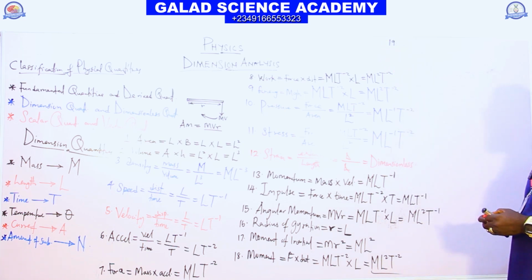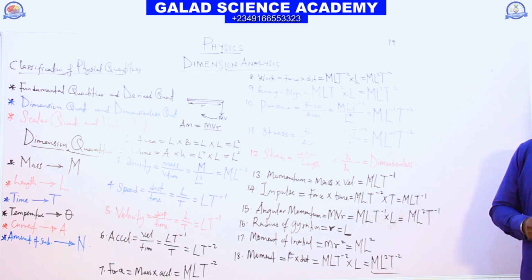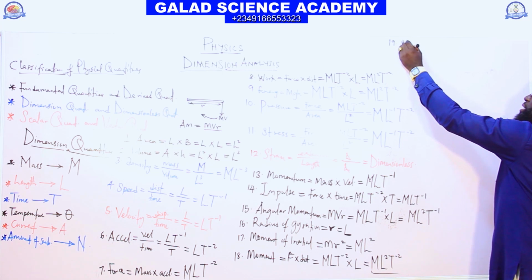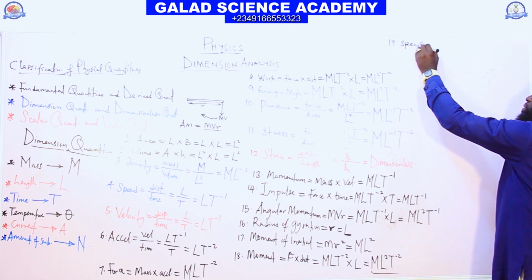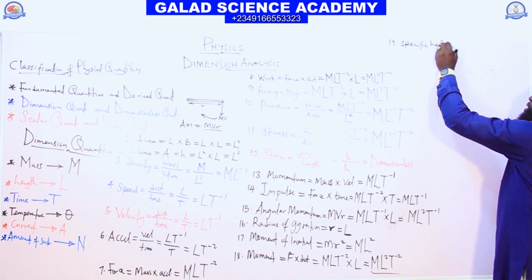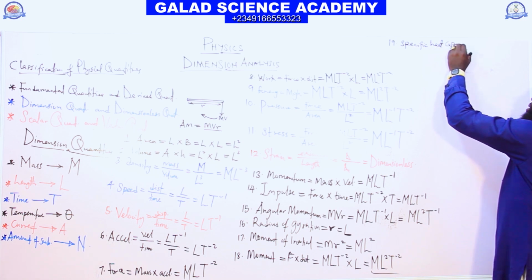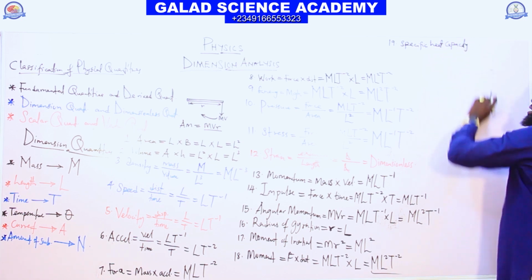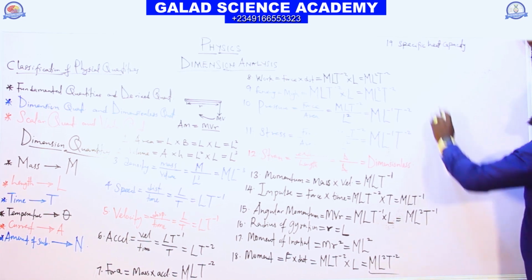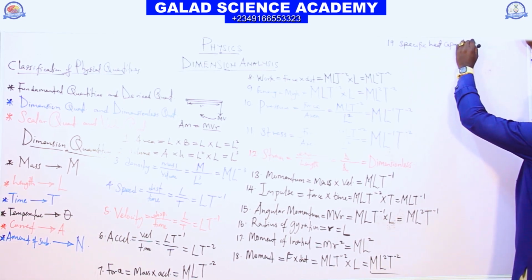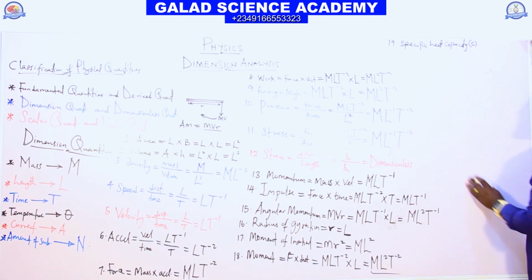Let us look at the dimension for specific heat capacity. The symbol for specific heat capacity is the small letter c.